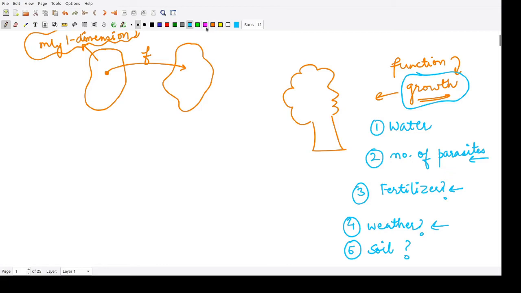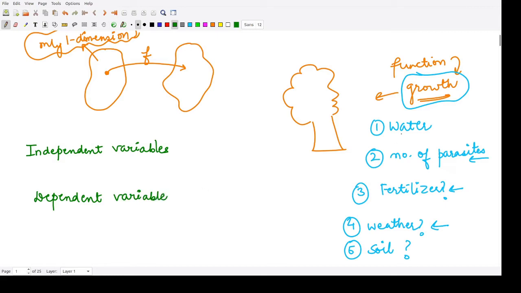So here, the first thing that we should know is that we have two terms. One is the independent variables. Another is the dependent variables. So what is an independent variable? One which is not depending on others.